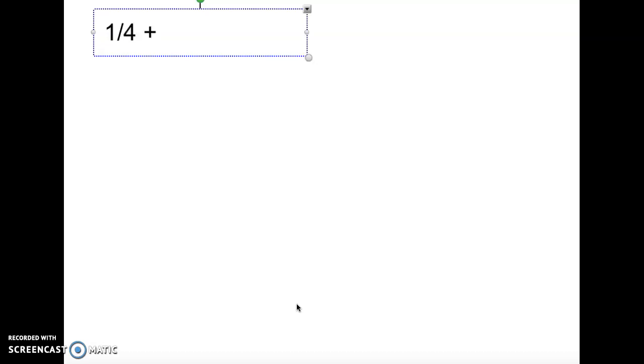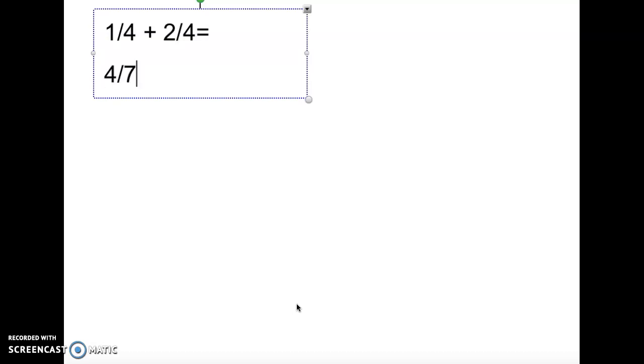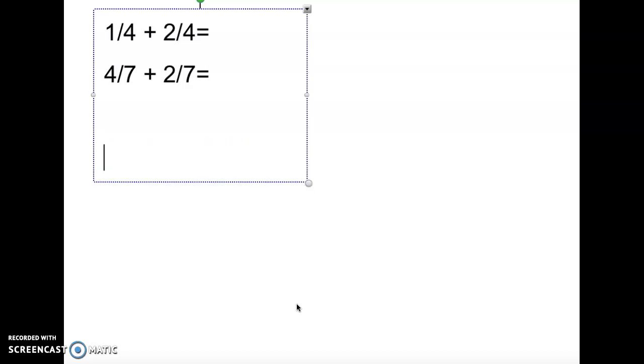So we're going to add 1/4 plus 2/4. We'll add 4/7 plus 2/7. And we're also going to subtract.